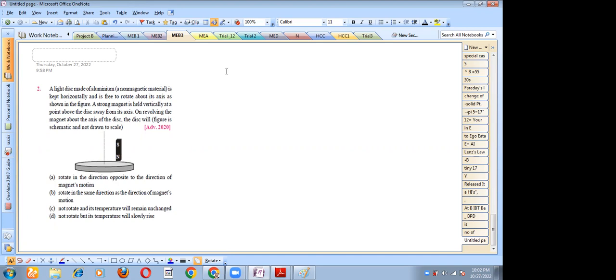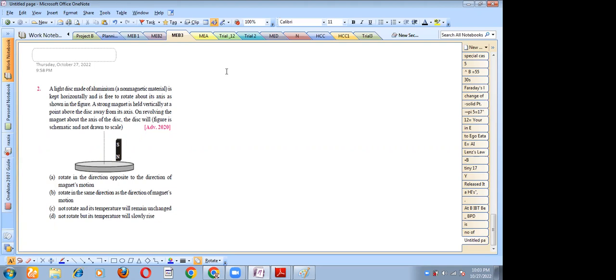So there is no magnetic force produced which can change the direction of the motion or can stop the motion of the rotating disk.